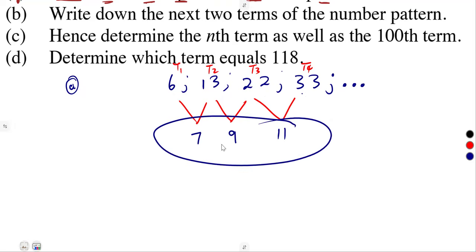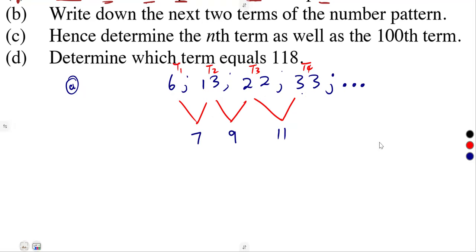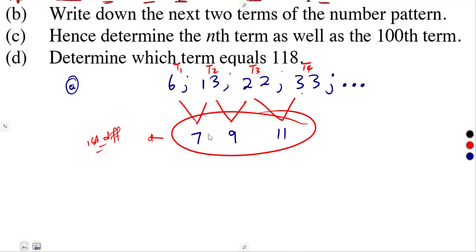As we can see, these differences that we are obtaining are not the same. Meaning we have a chance of having a quadratic, because the first differences are not constant.